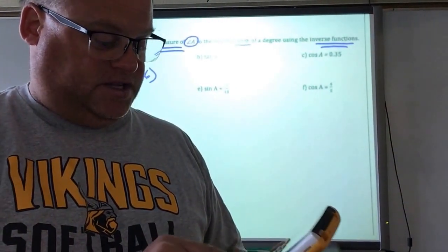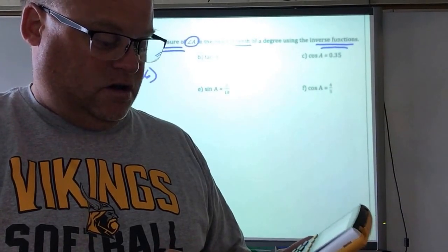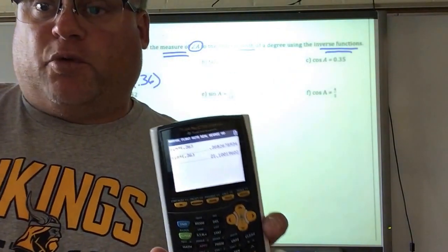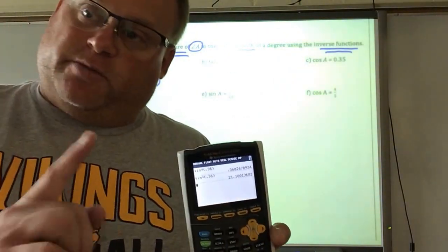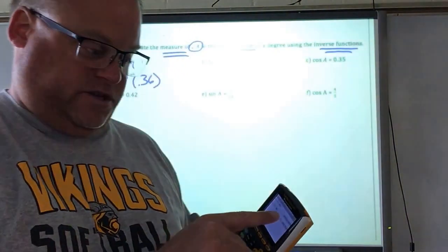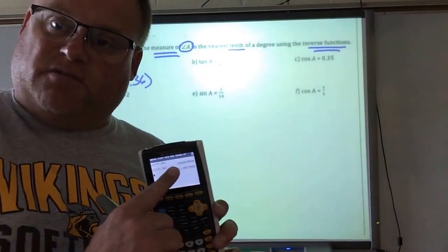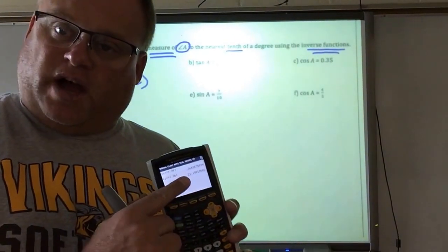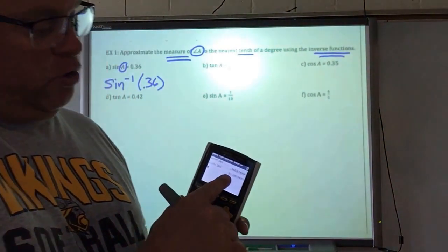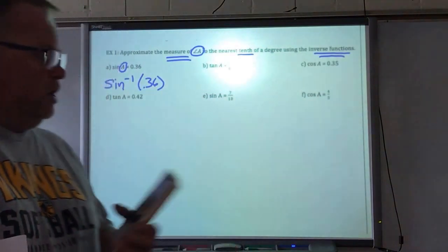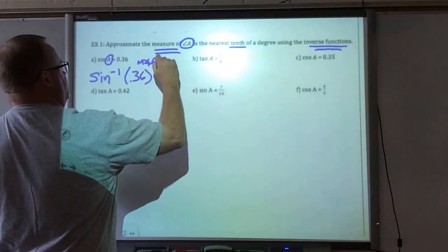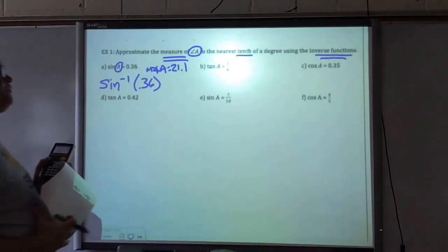Boom. We are good. Let's do it again. Second sine -1 of 0.36 should give me, yes, 21.1. I knew something was wrong when it was giving me a 0.36. That's not an angle, right? We're not going to have an angle less than 1 degree. So I needed something that was going to be degree worthy, which would have been 21.1. So the measure of angle A for the first one is 21.1.